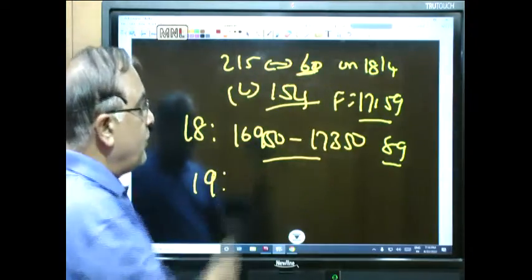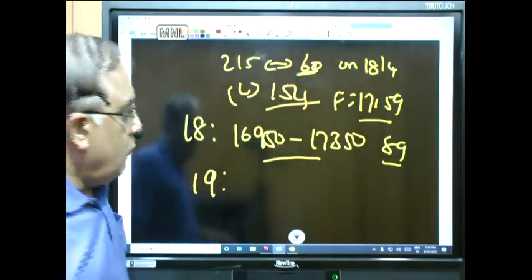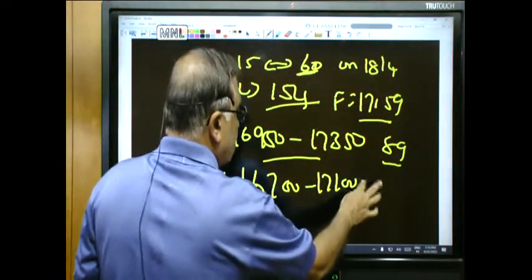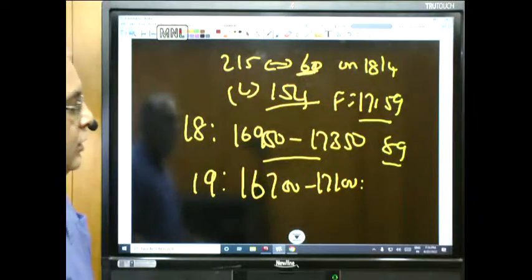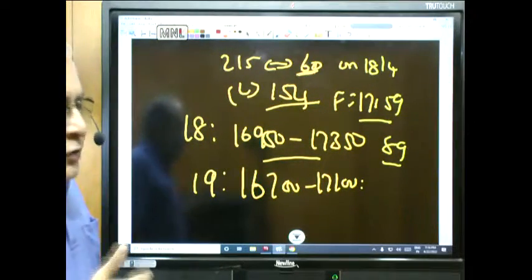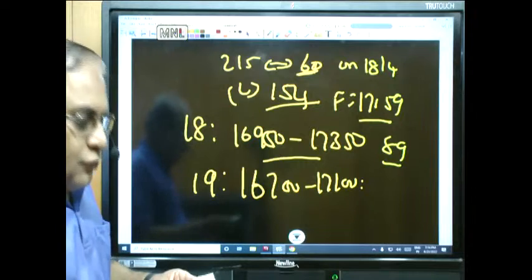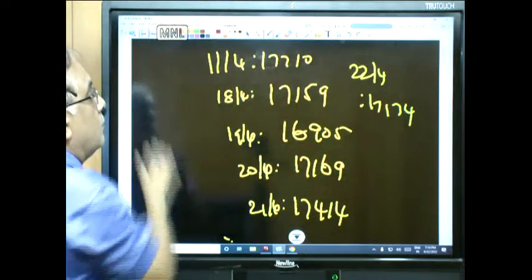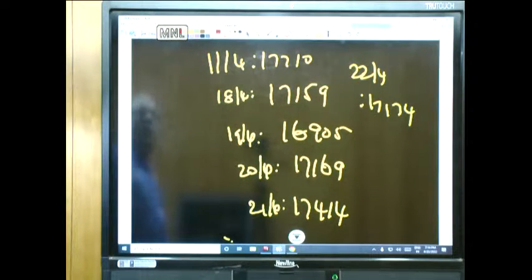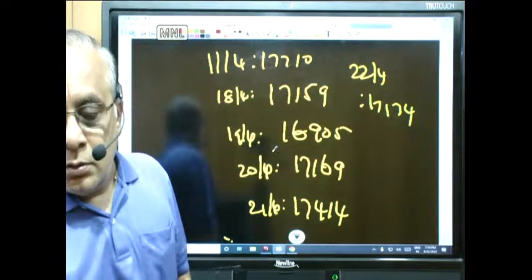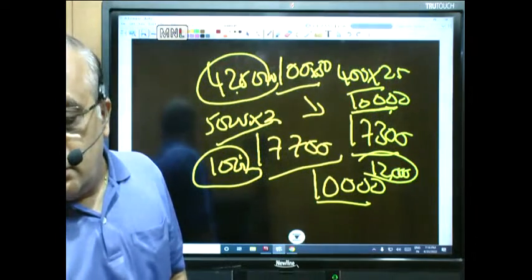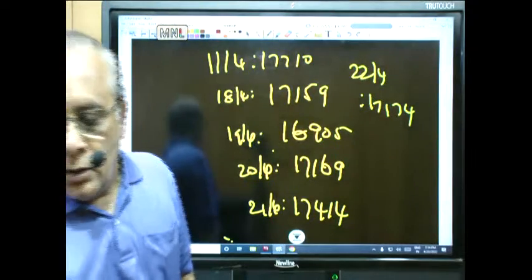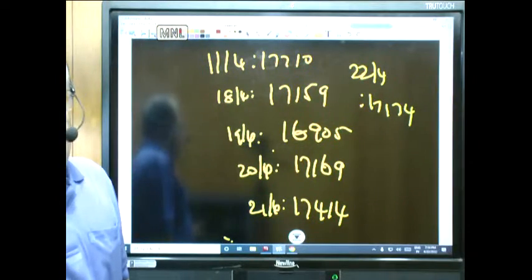Then on 19th, since the price dropped to 16,905, we went for a 16,700, 17,100 option. This particular option which was done on 19th, the next day, that is on 20th, the prices rose. On 19th it was 16,905.